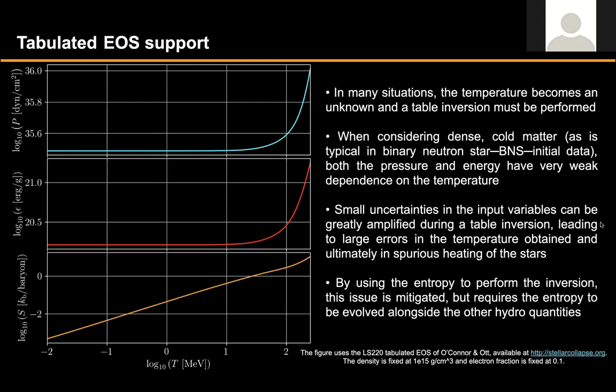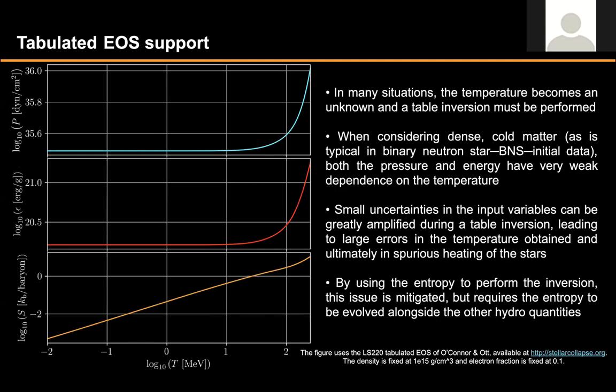When using tabulated equations of state, we typically need to recover the temperature during the conservative to primitive routine. Recovering the temperature using the existing infrastructure is possible. Typically, you provide the specific internal energy or the pressure, and there's a table inversion algorithm that will determine the temperature for you.